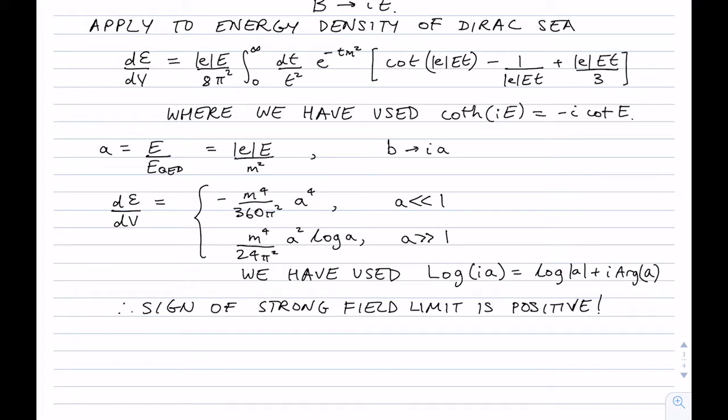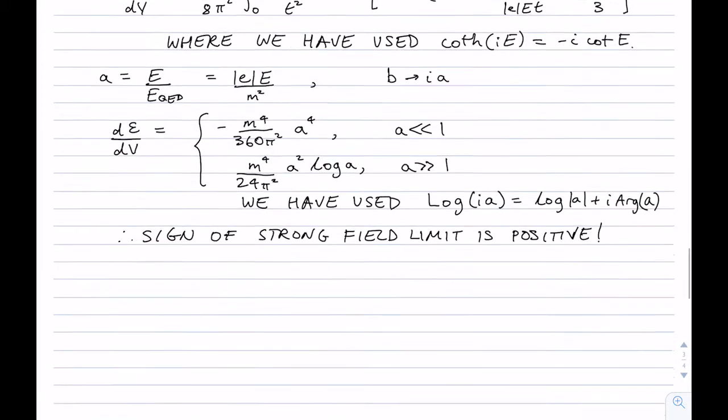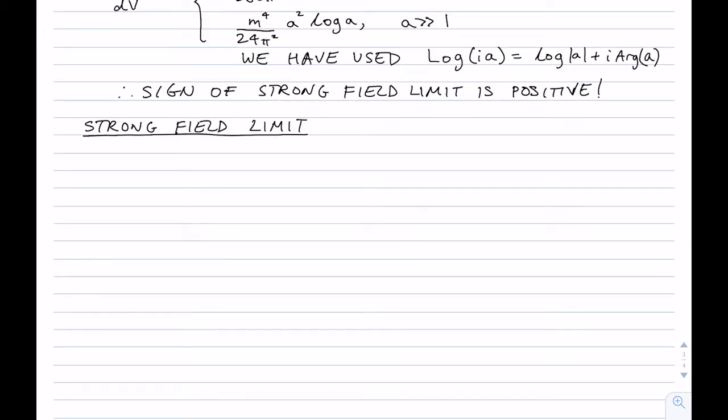One way of thinking about this strong field limit is to imagine that we create a very large electric field, magnitude E much bigger than E QED. Then I could add back in the Maxwelly part of the energy density. The Maxwelly part is E squared over 8 pi in Gauss units. I think you need epsilon noughts if you're in SI units. So in Gauss units, it's E squared over 8 pi.